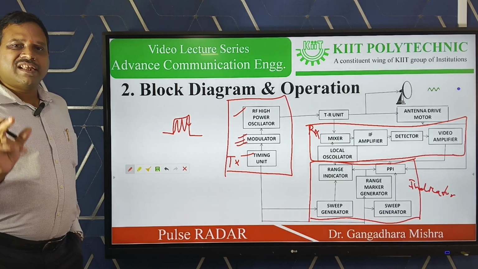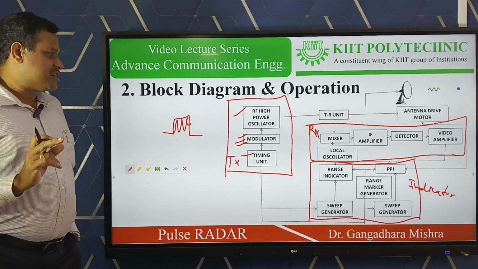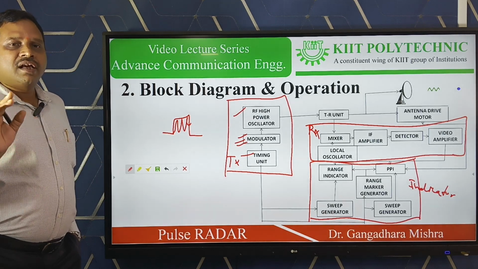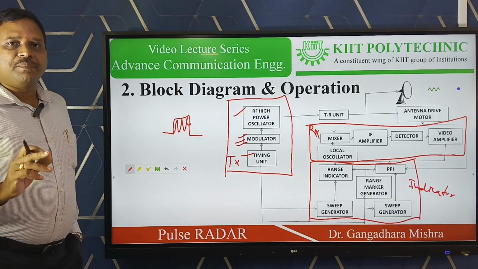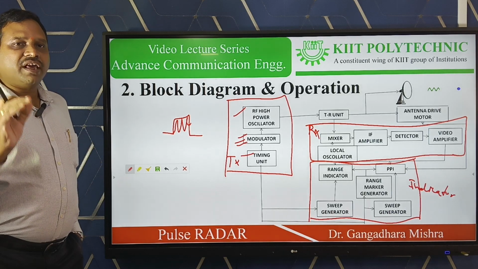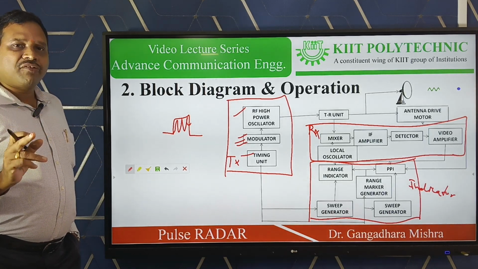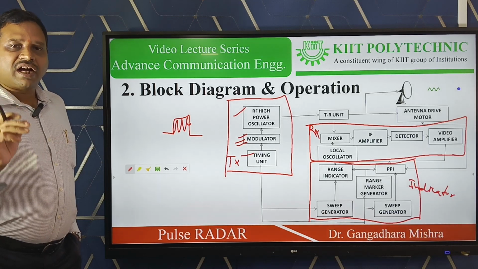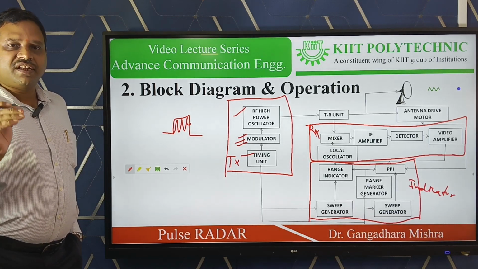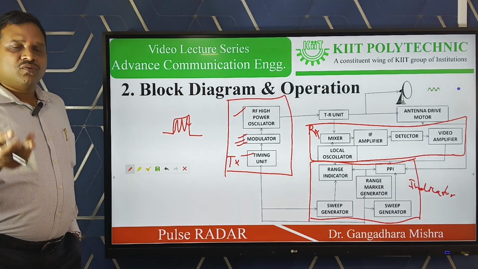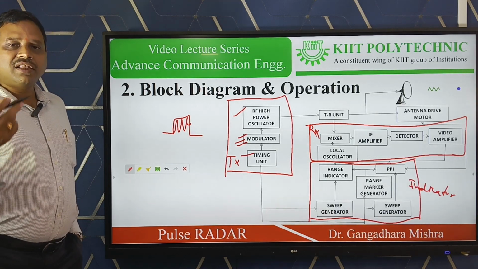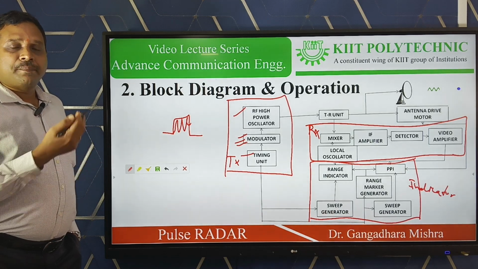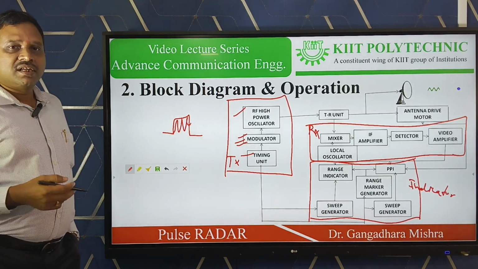So the sinusoidal signal is available for the pulse duration. This modulator gives the modulated output which will travel for a long distance. The second requirement of this modulation is that we need a very high frequency, which is very difficult to produce directly. So we translate the low frequency pulses to high frequency pulses by this modulation process.